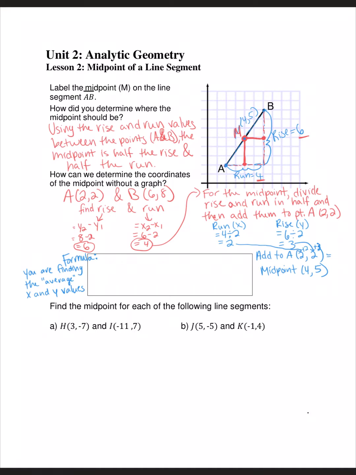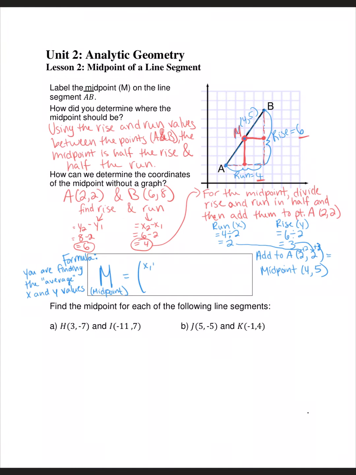Remember, when we're finding the average, we're essentially adding a list of numbers together and then dividing by how many numbers there are. We're going to use a capital M for midpoint, not to be confused with slope, which is a lowercase m.